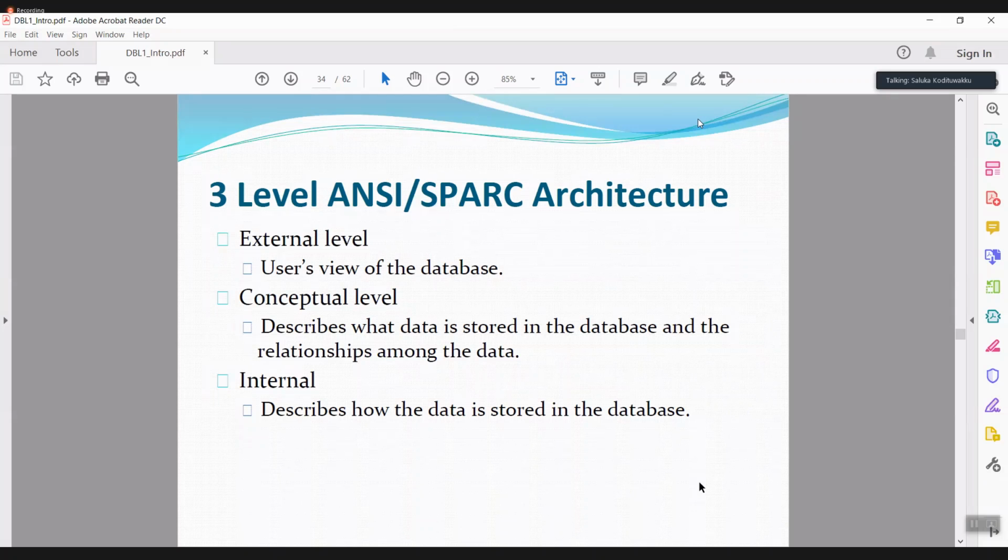But though it is the case, in an actual database there is a core. We have what we call the database logic.